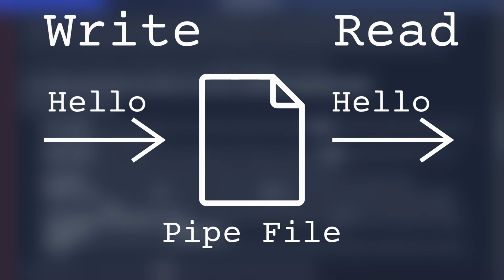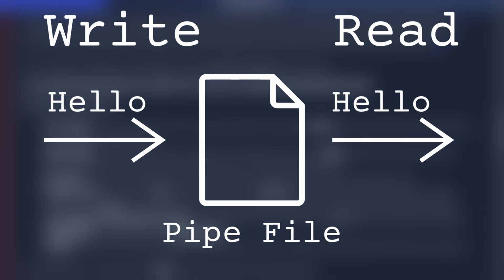So it sends hello to the pipe file. Now it's inside the pipe file, sitting there waiting, held in memory, right? Then let's say a different process, process 2, accesses the pipe file to read from it. What is process 2 going to get? It's going to get the text hello.